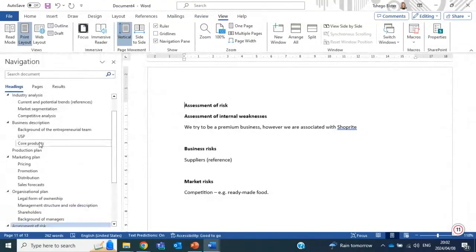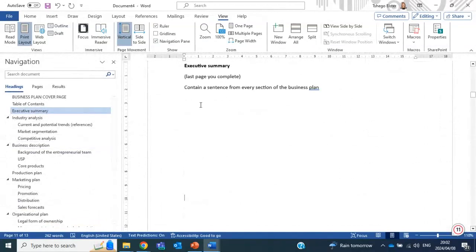So this executive summary has to be the most interesting part of the business. This is the section that stakeholders are interested in, so you need to make sure that it is an interesting section. You cannot make it boring.